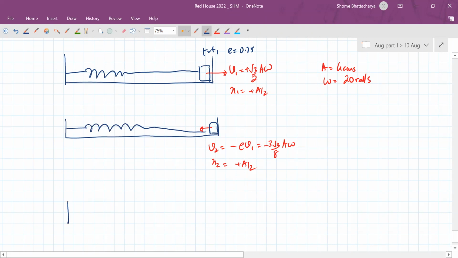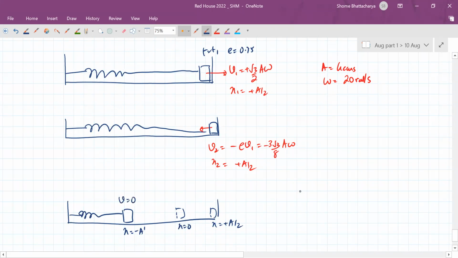So now if it goes on the other side to maximum compression after some time, so this was the mean position. Now it goes to x equal to minus some new amplitude, so it will be A prime, where its V becomes 0.